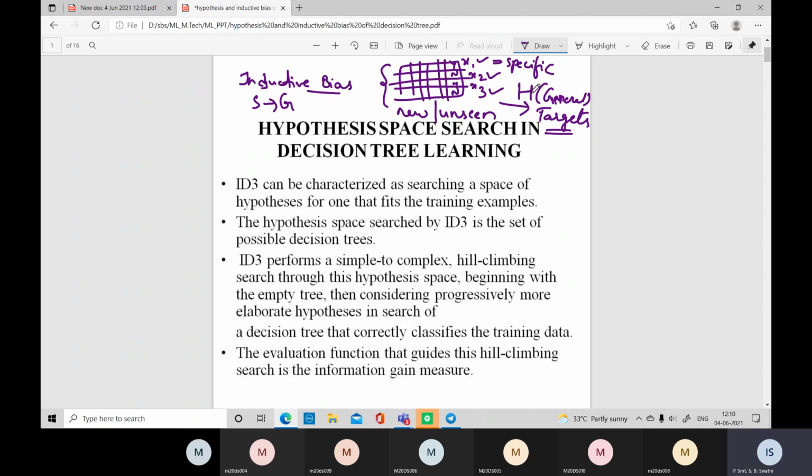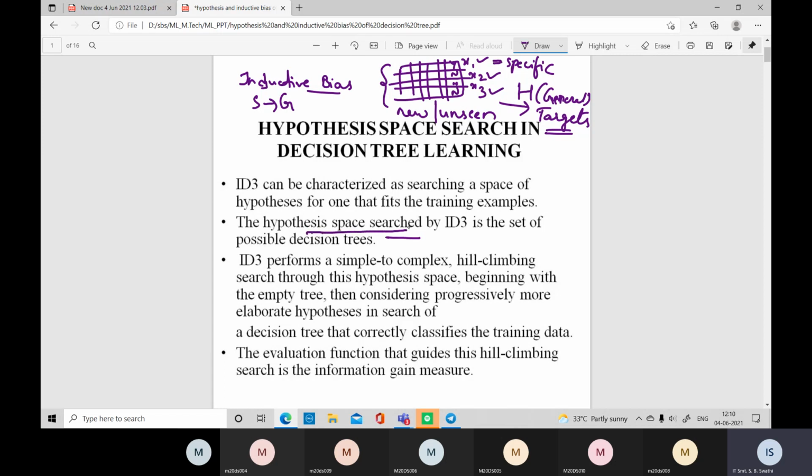Now, in order to generate this hypothesis space, normally we have seen yesterday in decision trees, decision tree is not built in one step. Some hundreds and thousands of decision trees are generated. For generating each decision tree, entropy is calculated. After calculating entropy, information gain is calculated for each and every tree. Now, whichever tree is giving the highest information gain, that tree will be taken as our final decision tree, and remaining trees will be neglected. Now, this hypothesis space is generated for only that final decision tree.